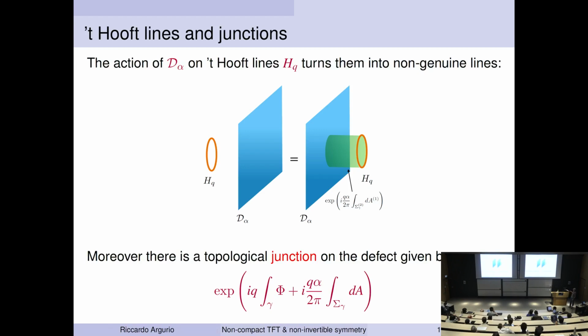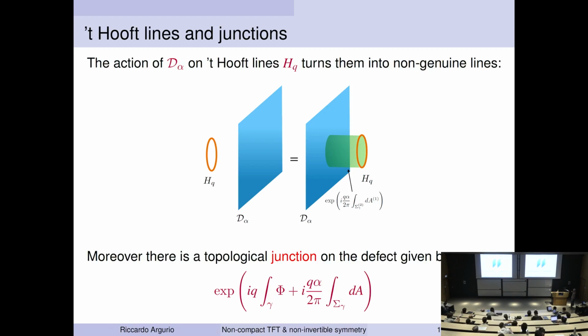In other words, the Toft line gets attached to a surface here, and this is exactly the same here, essentially a generalization to any angle of what happens for the rational angles. But what is interesting is this junction.